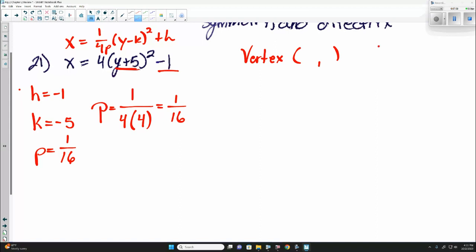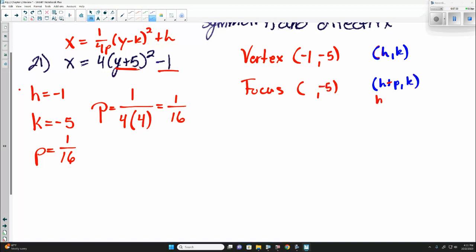Vertex is still the point h comma k. Well, our h value in this case is -1. K value is -5. Focus. And the focus for x equals is our h plus p, comma, k. So our k value is -5. H plus p, in this case, would be -1 plus 1/16.